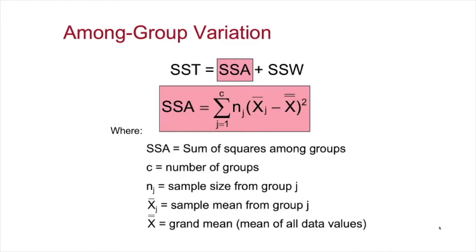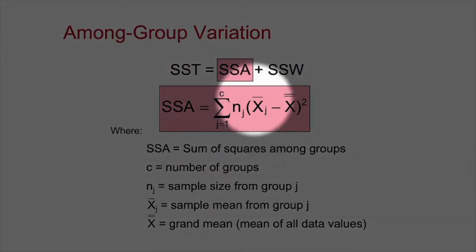Alright, so now let's go to our second term, the sum of squares among. Now here again we have a bit of new notation, but you should understand what it means right away. So Xj bar is simply the mean inside of group J. As always, we add a bar to say this is the mean.